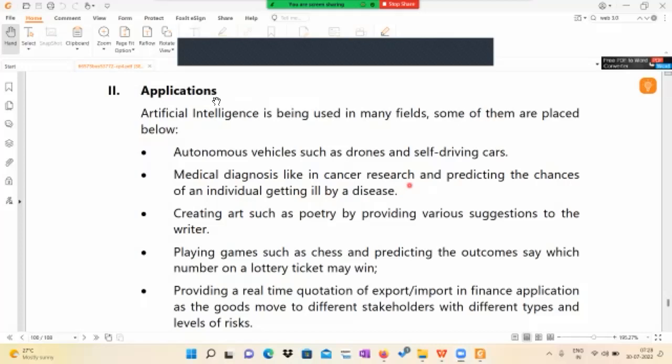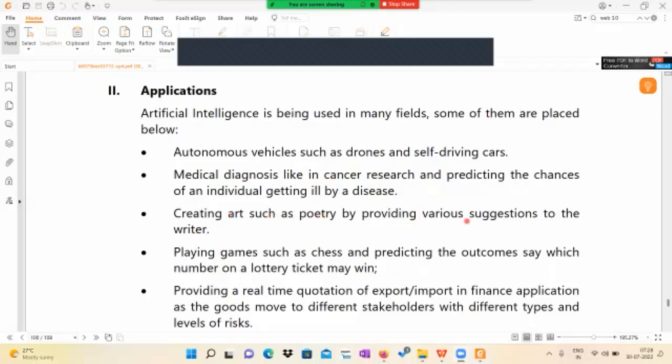With the help of the changes that take place in the body, artificial intelligence will help us predict whether the disease is going to occur or not. It is also used for cancer research, for the purpose of cancer cells spreading and cancer treatment.